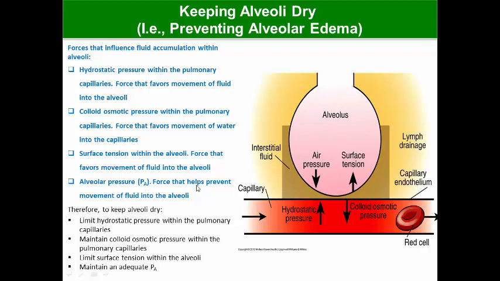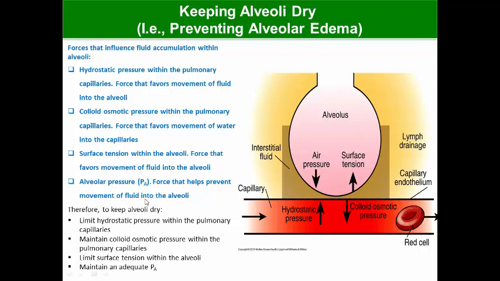The alveolar pressure, PA, is a force which helps to prevent the movement of fluid into the alveoli. So these two forces, the hydrostatic pressure of the blood within the pulmonary capillaries and the surface tension, favor the movement of fluid into the alveoli. And these two forces, the air pressure in the alveoli and the colloid osmotic pressure, help to prevent the accumulation of fluid in the alveoli, so they prevent alveolar edema.